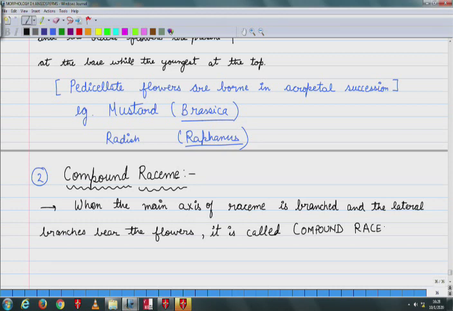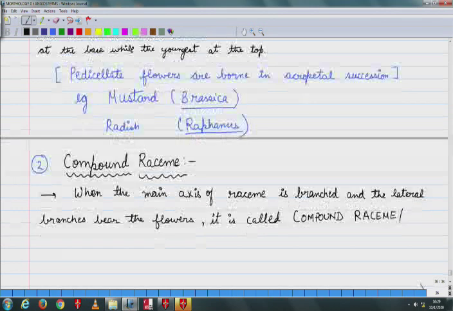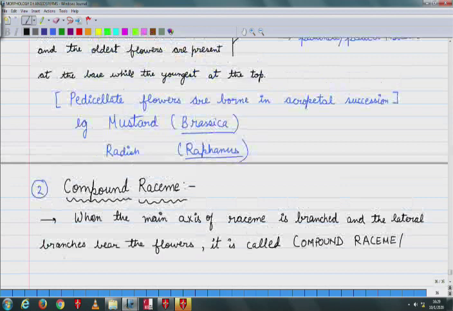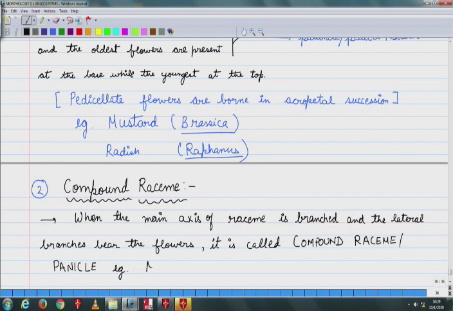There is one more name for it, panicle. And there are three examples that you must remember for it. Example: mango, Mangifera indica, neem, Azadirachta indica, gulmohar. All these are compound raceme examples. Now I will draw the diagram of compound raceme.